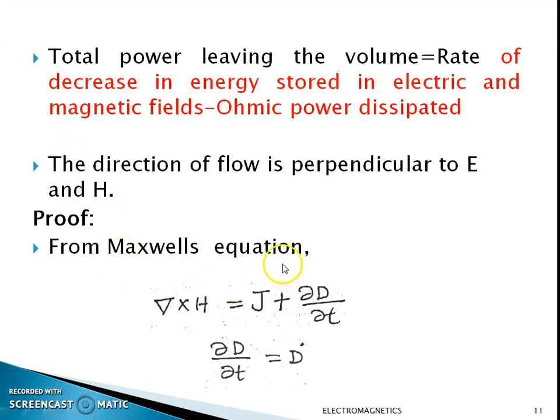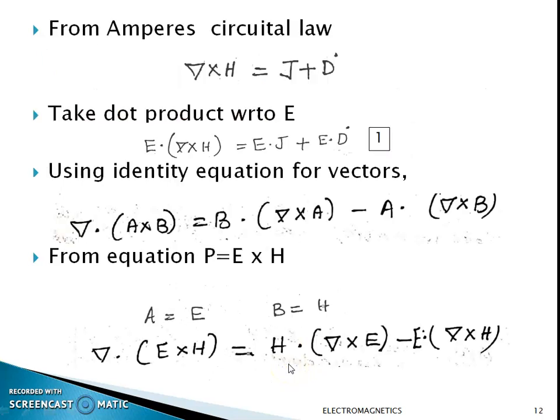From Maxwell's equation, we know that del cross H is equal to J plus dou D by dou t, and dou D by dou t can be written as D dot. This is Ampere's circuital law: del cross H equals J plus D dot.